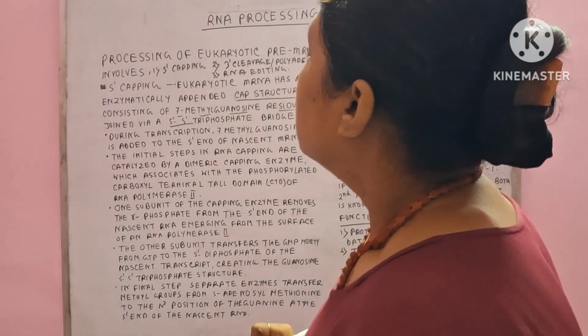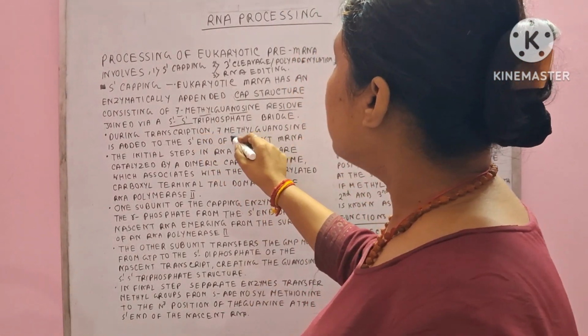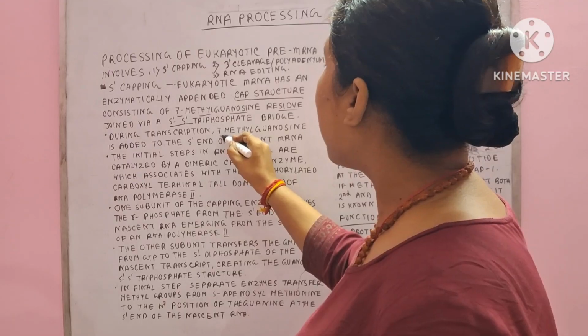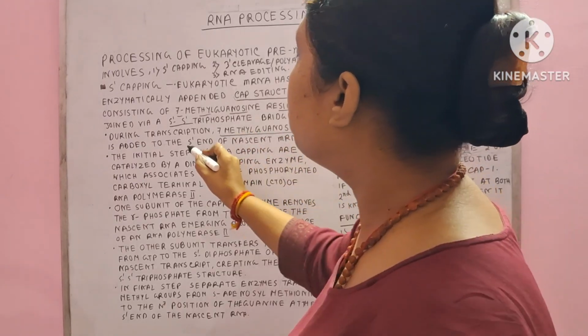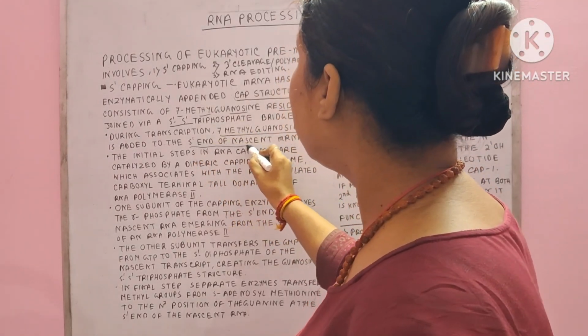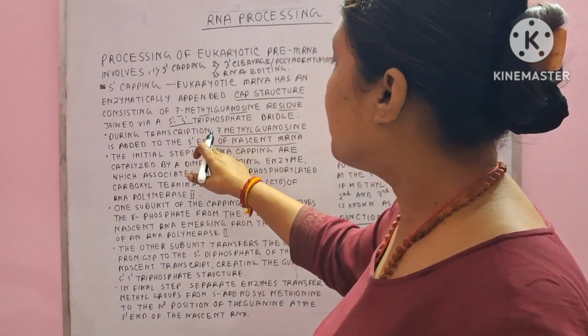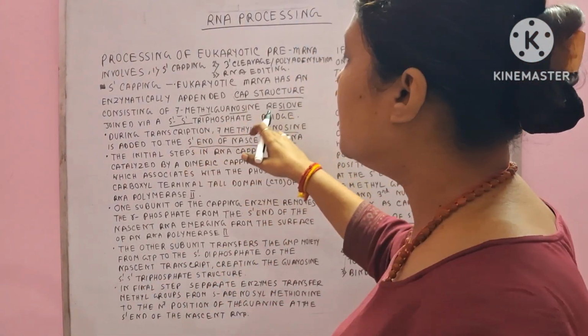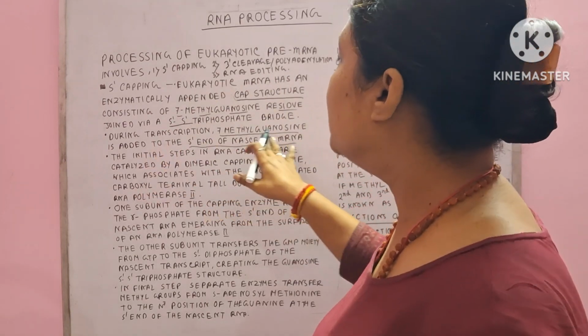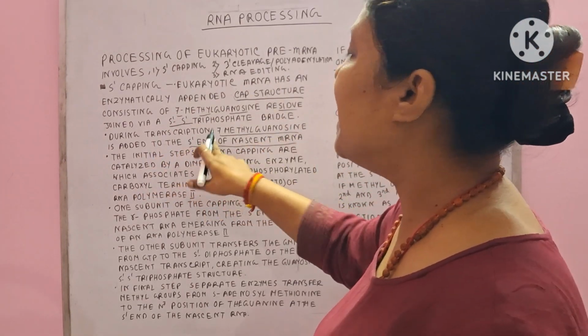Okay, during the transcription, this 7-methylguanosine is added to the 5' end of the nascent mRNA. So what is happening during the transcription process? This guanosine is added to the mRNA 5' end.